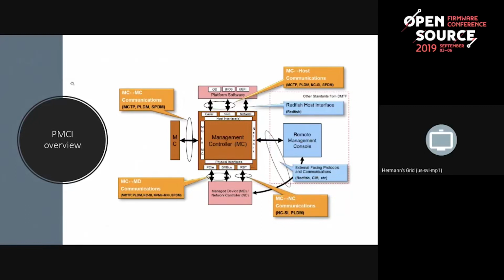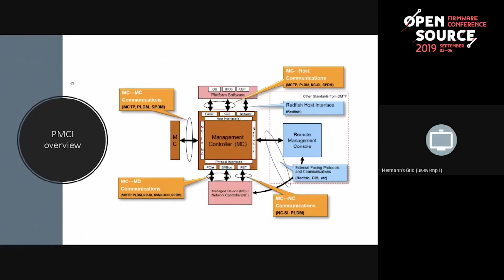So PMCI is basically a family of protocols. And PLDM, which stands for Platform Level Data Model, is one of them. On this picture, you see four components, and PMCI deals with intercommunications between these four components. There's, of course, the BMC at the center.